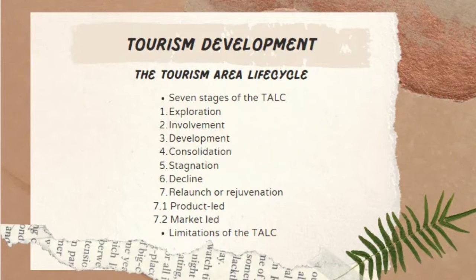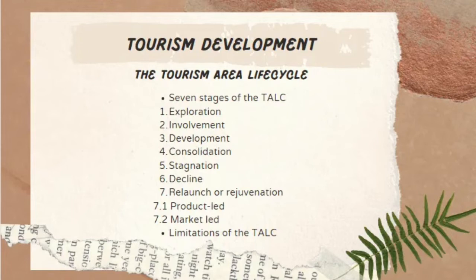So the TLC's origins are based on the idea that resorts are essentially products. They have normally been developed and modified to meet the need of specific markets or the holiday makers in a similar way to the production of other goods and services. Thus, the author made the assumption that resorts would follow a generally similar pattern of development to that of most other products.